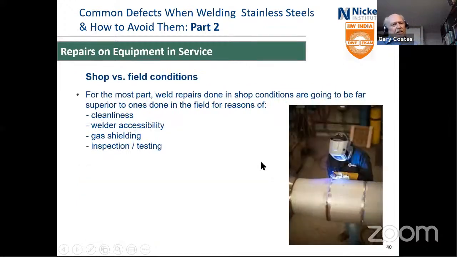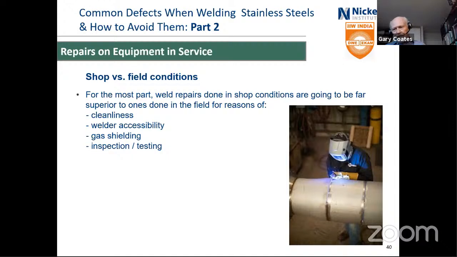Shop versus field conditions. Well, of course, if you can do it in the shop, you're going to be able to clean it properly. The welder can maybe put it on a turntable so he can do it easier. And if you make it easier for the welder, you'll get a better quality weld for sure. If you have gas shielding processes like gas tungsten arc, you can do that properly.